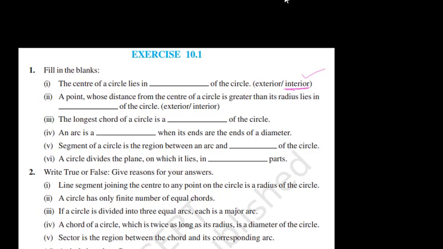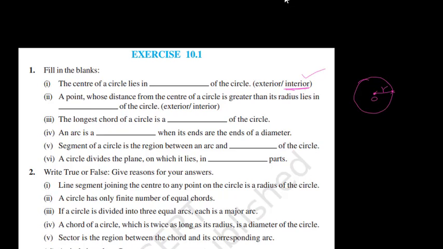Second question: a point whose distance from the center of circle is greater than its radius lies in dash. You can see this is a circle, this is center, and from here to here it is radius.